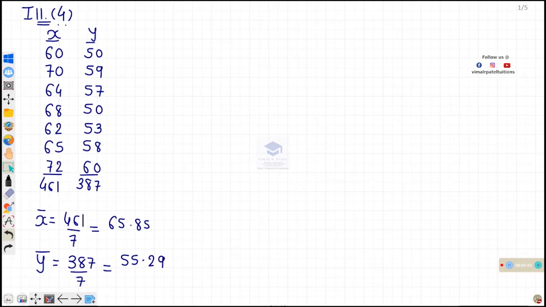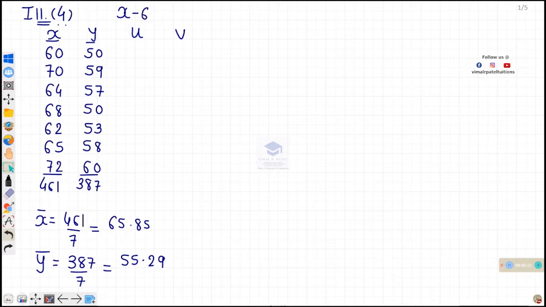Now, here value of x bar is 65.85, which is non-integer. So we will take a nearest value of x. Say from each value of x we will subtract 65.